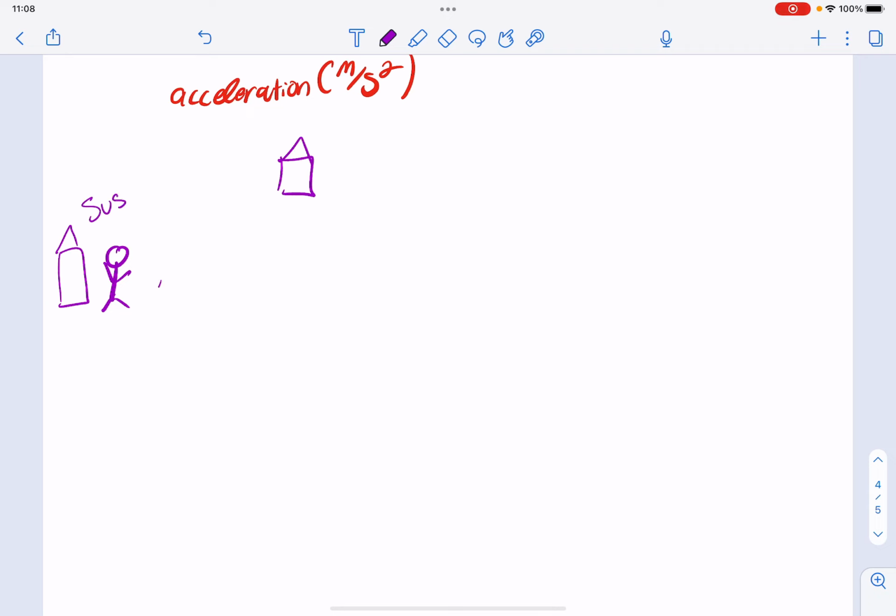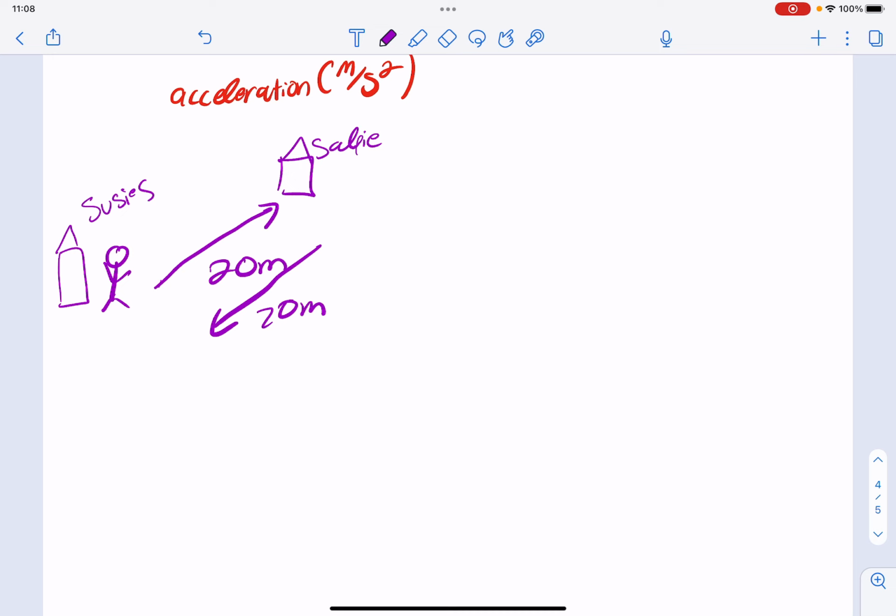So this is Susie's house. This is Sally's house. I don't know how to spell Sally. That's an attempt. Okay. So we walked 20 meters to Sally's house. But Susie forgot something, so she had to walk 20 meters back. How can we graph this motion?